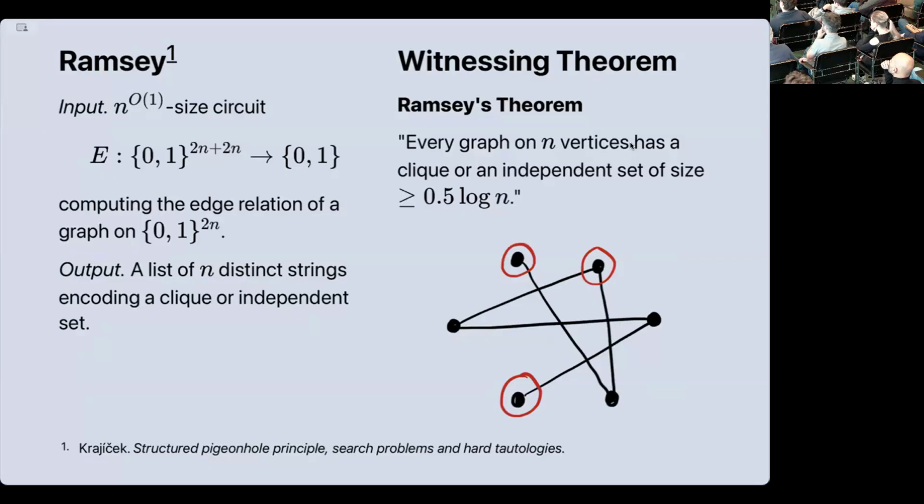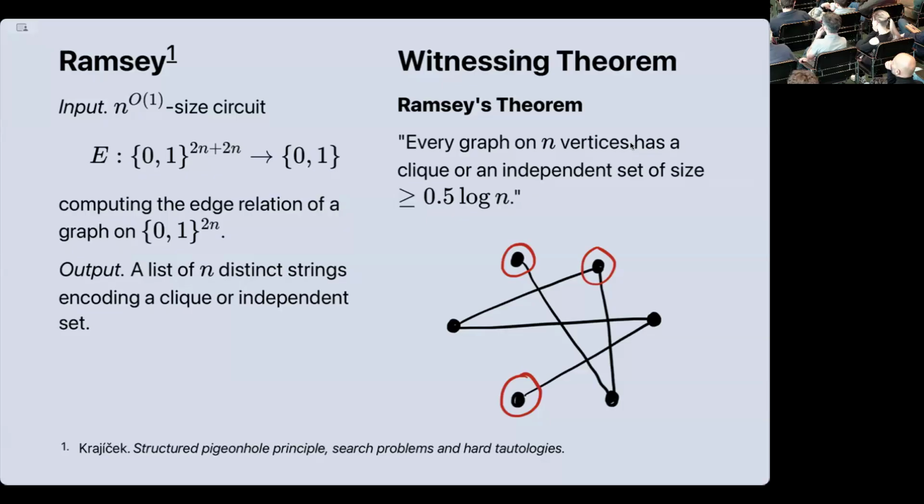So let's think of this circuit as computing the edge relation on a graph. And the output is just going to be a list of n strings that encode a clique or independent set on this graph, okay? Of course, this is witnessed by Ramsey's theorem, which says every graph on n vertices must have a clique or independent set of size at least log n over 2. Does that make sense? Okay. And again, we have a picture here.